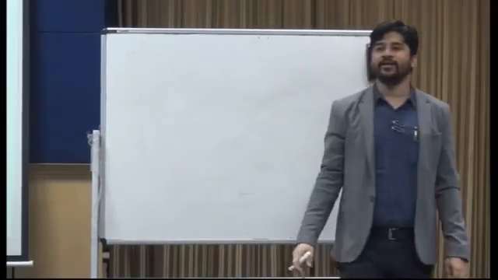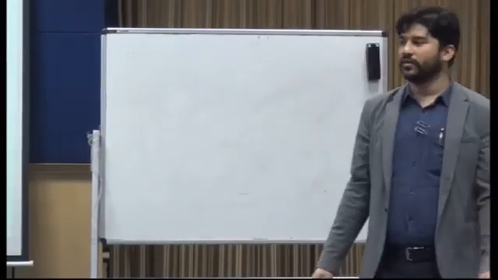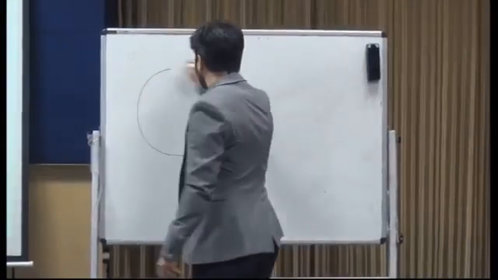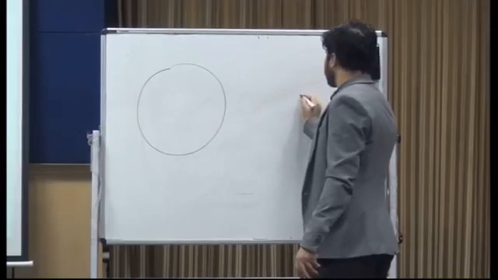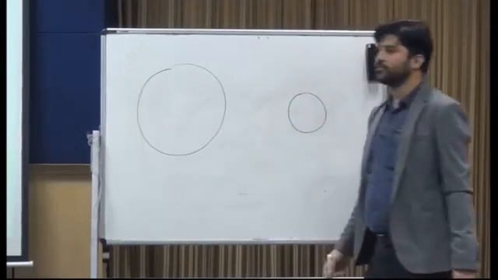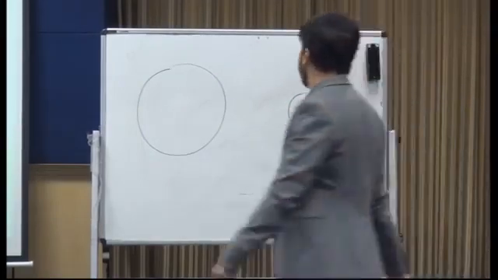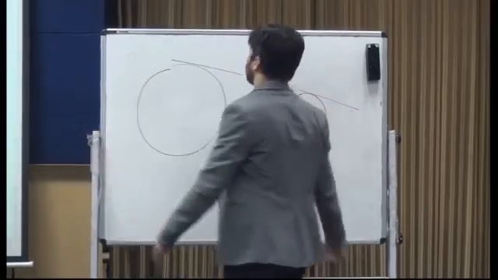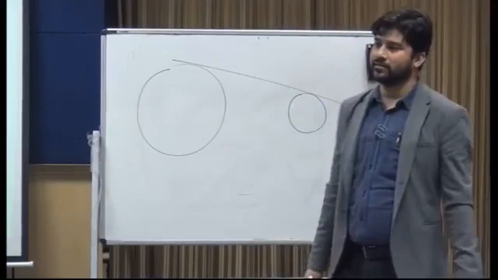Now we have to find, let's say, when two circles are away from each other, you have two circles. And we know that this is my DCT.